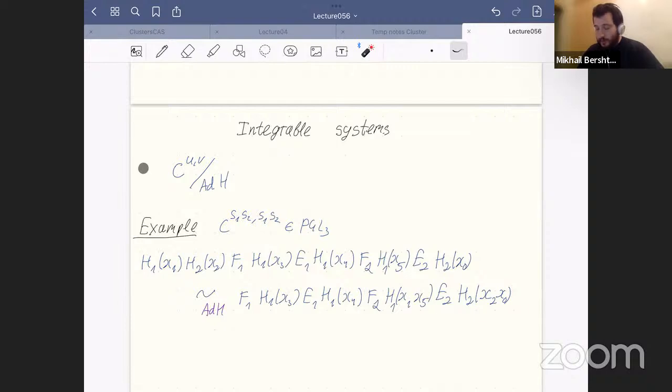So you see, after this quotient, in some chart we have 6 coordinates. After the quotient we have 4 coordinates, and the coordinates are naturally glued.